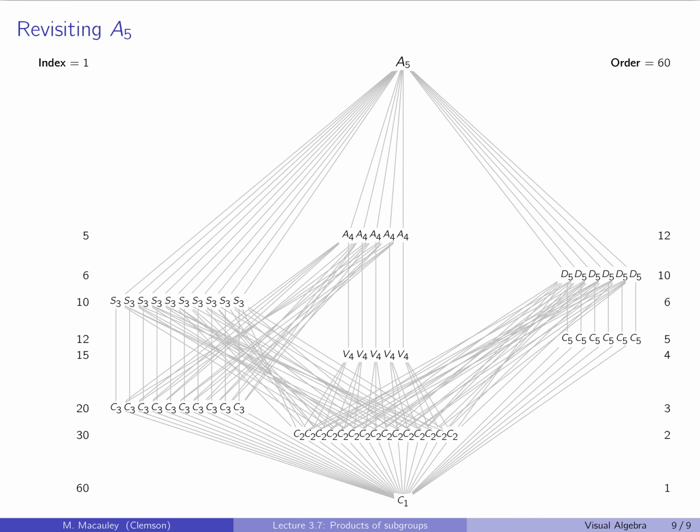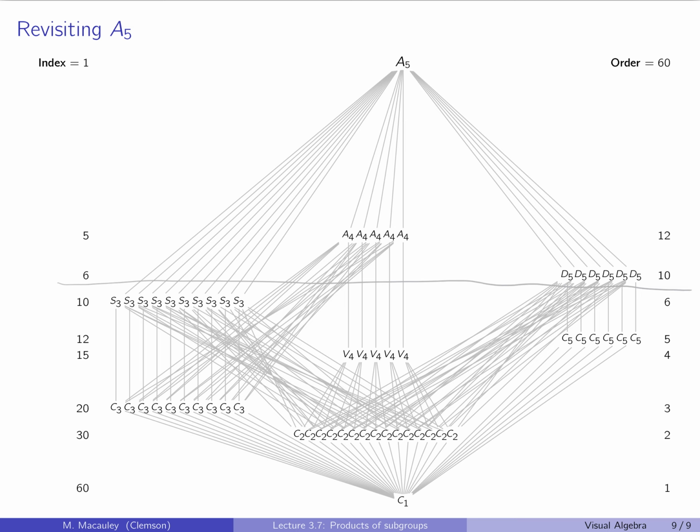Let's finish with the alternating group A5. I won't spend as much time on this one, but once again, I'm going to put a line right across here. The order of everything above this line is more than the square root of the order of G. So in other words, any two of these D5s have to intersect non-trivially, as do any two of these A4s.